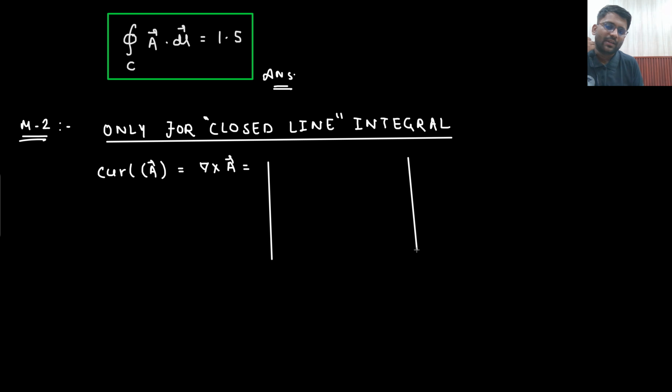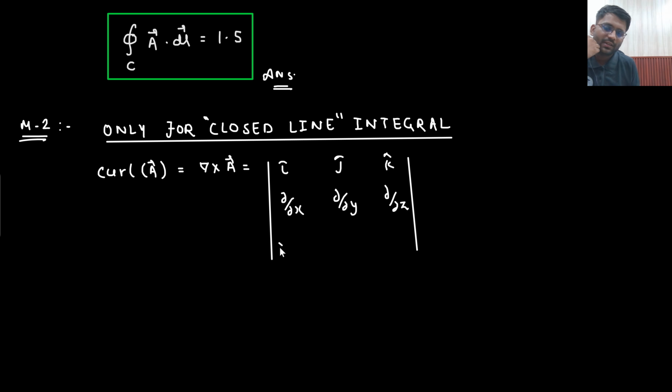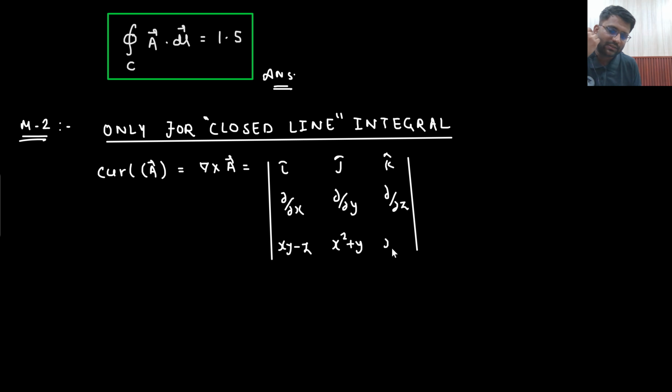So i cap, j cap, k cap; del by del x, del by del y, del by del z; xy minus z, x square plus y, 2x minus z. For i cap, differentiate: 0.